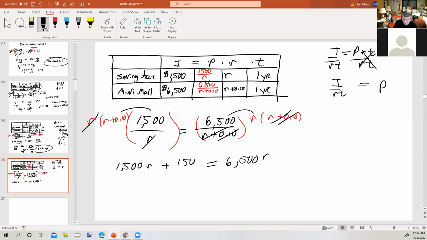6,500R. I'm going to subtract 1500R. 150 equals 5,000R. Divide both sides by 5,000.